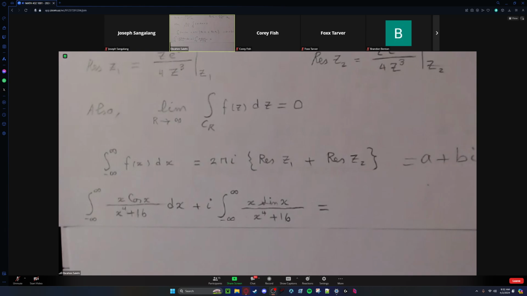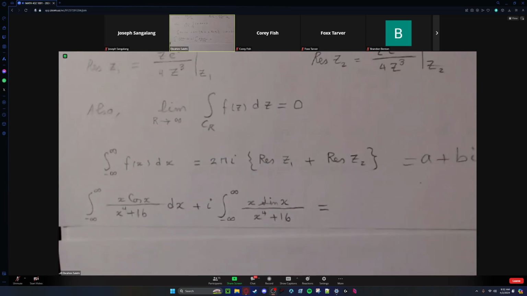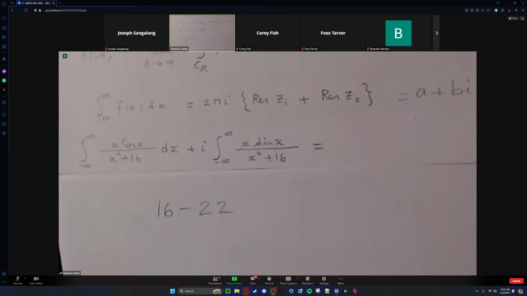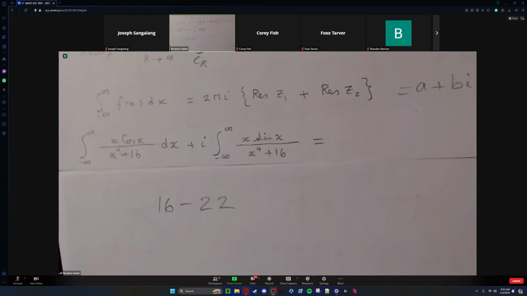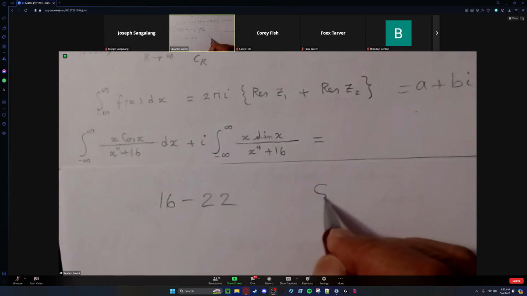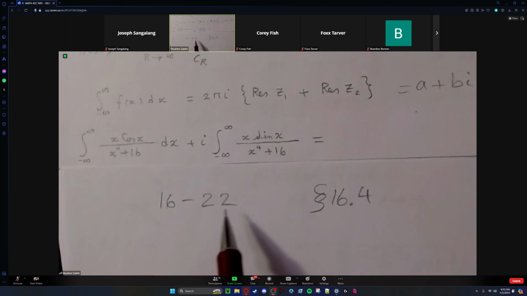Please be very careful about this section. This is an extremely important section, and in your next test, you're going to definitely have questions from 16.4. That section is a fascinating section.